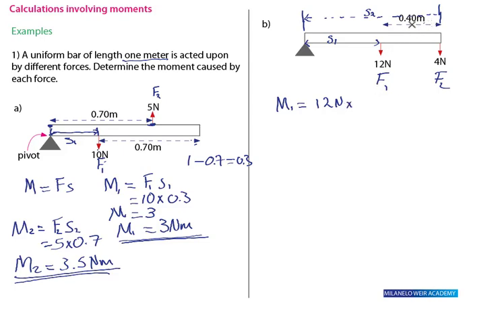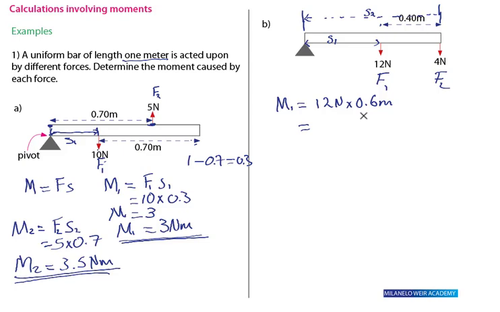This is 0.4 to get here. What is left to make 1 meter? 0.6, right? 0.6 meters. This time around, I have included units so that we see what happens with units, right?